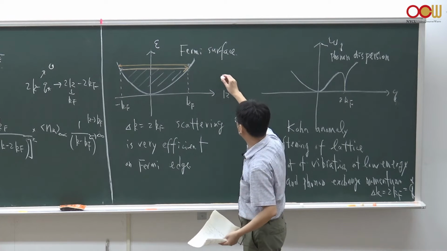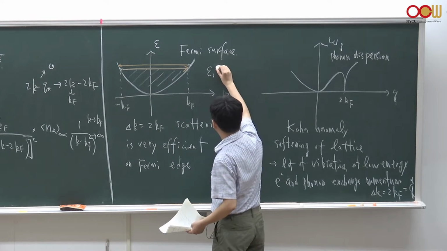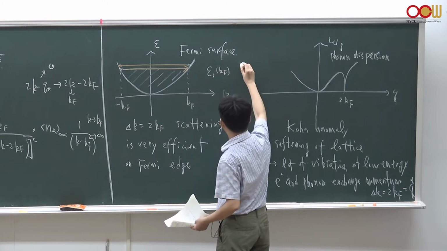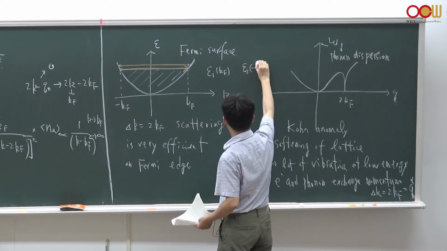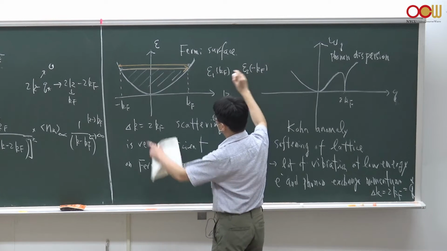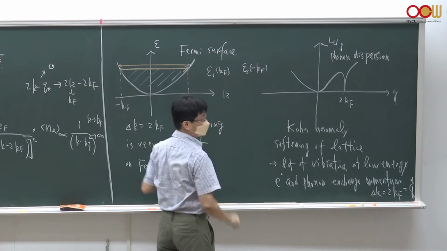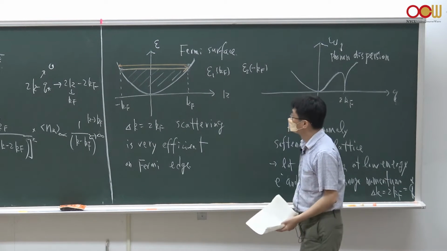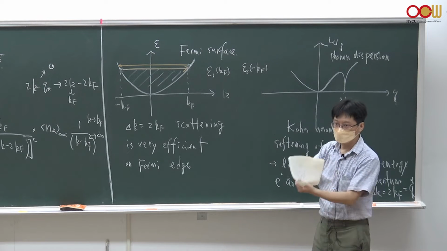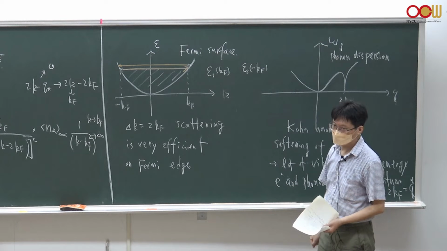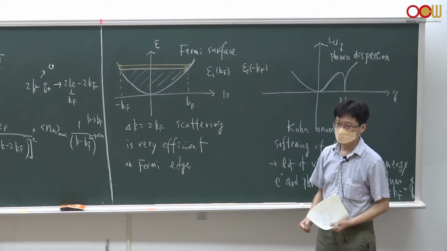Okay, so suppose one electron carries momentum kF, and another electron carries momentum minus kF. These two electrons on two edges of this Fermi surface are interacting with each other by exchanging a phonon.